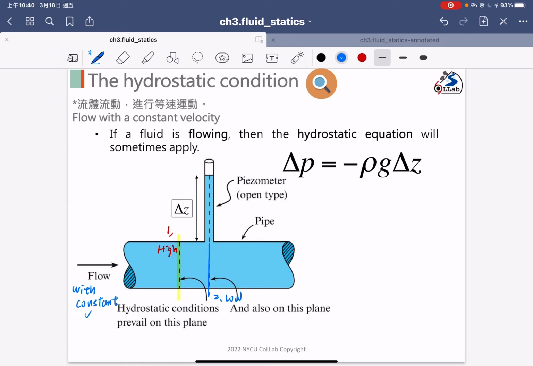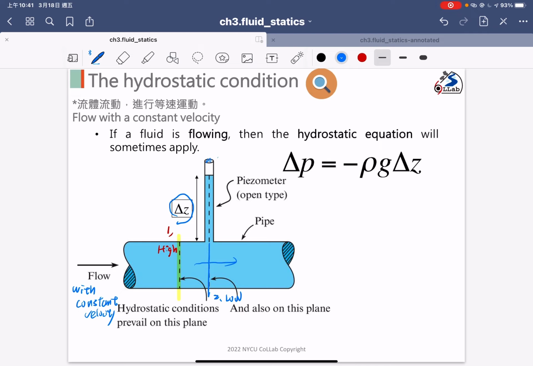Then we put in a tube, and you see the tube is open. We put one tube here, and you can see the fluid will have a rising height, delta Z. If the fluid flows through this tube, you will observe the delta Z rising.